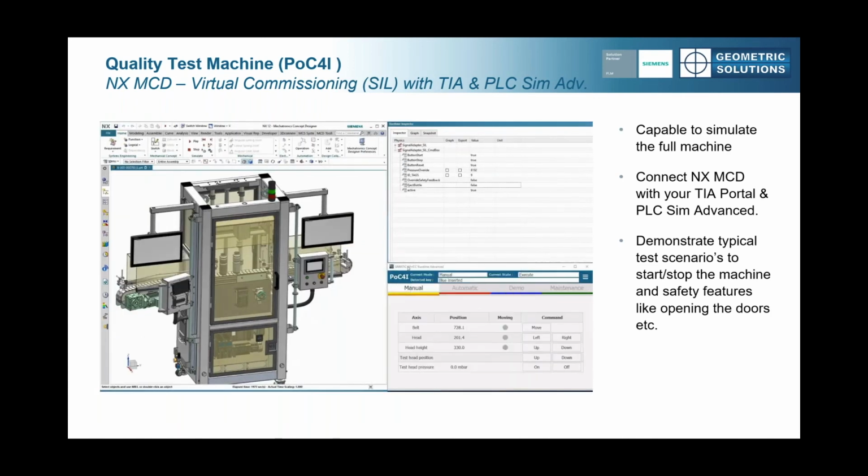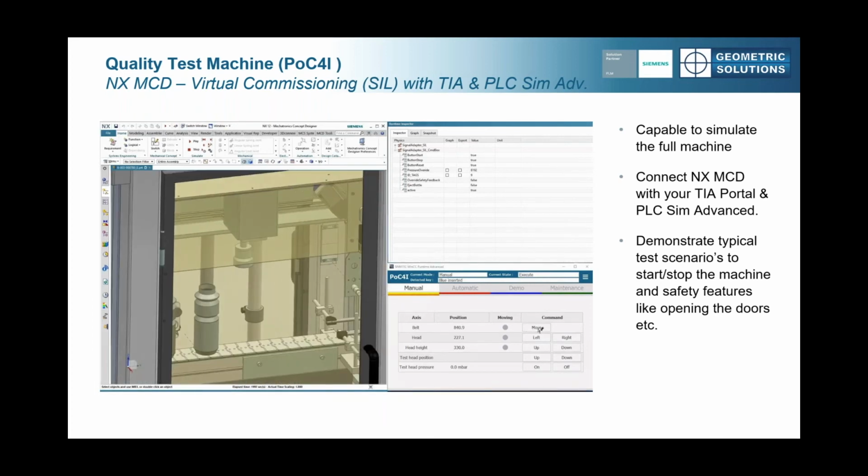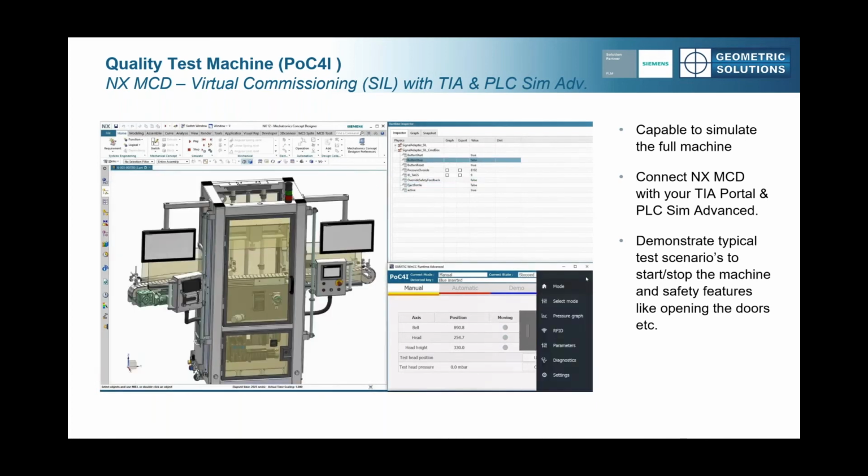What's really nice about this setup, on the bottom right, you'll see we've got a virtual HMI. As we're pressing the button left and right, on the left, you'll see that head and how it moves. Or we can turn on the belt. We can make that move. This works the exact same way it would if you were standing in front of this machine holding the HMI in your hand.